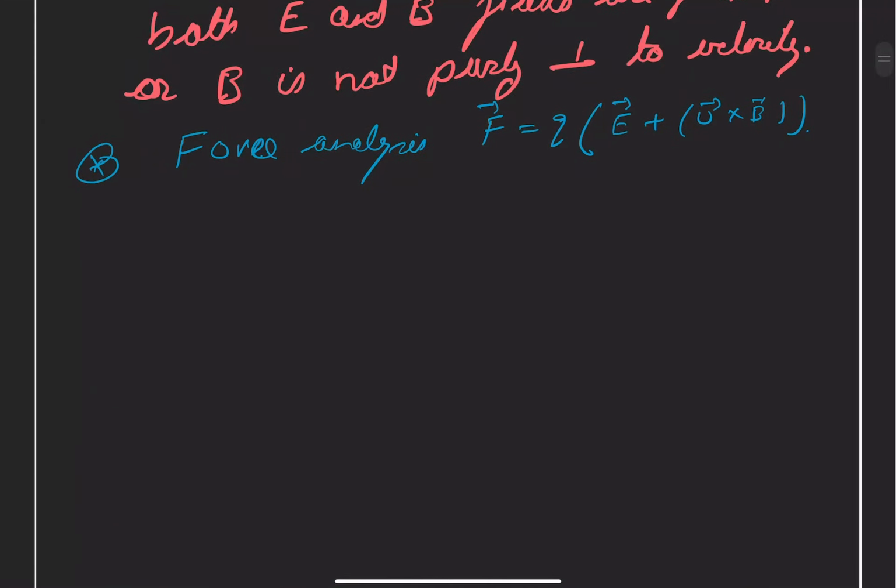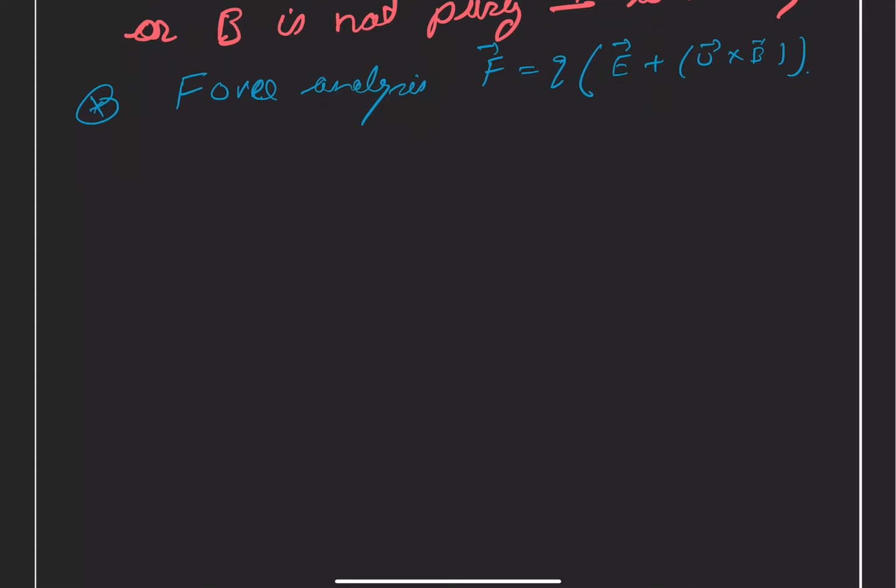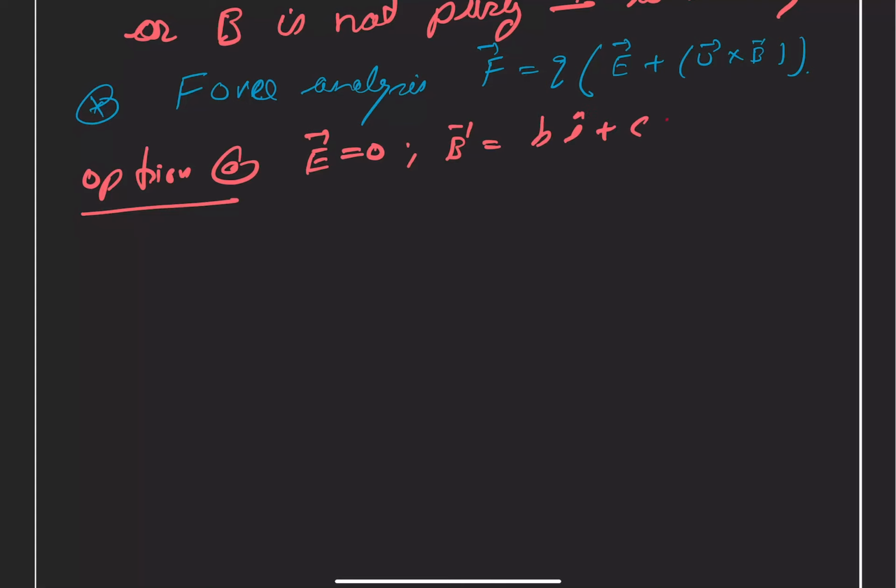So we have our option A. It is given that the electric field is 0 and magnetic field is Bi plus Ck.